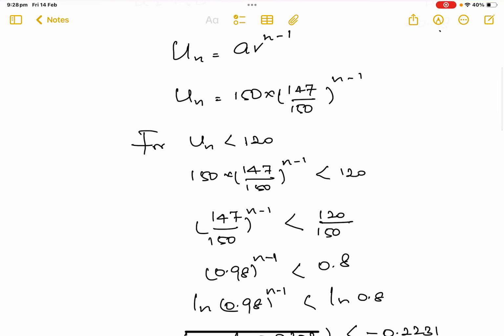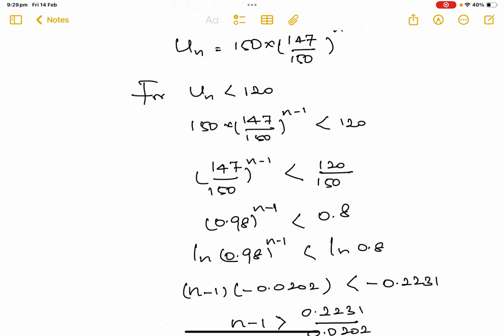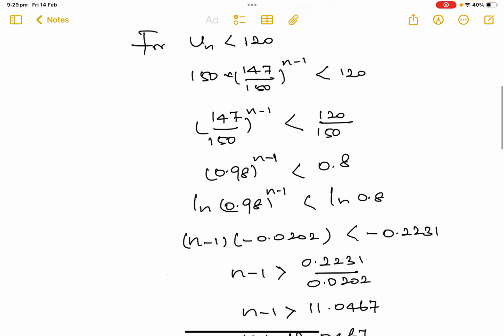And again, what they say is that un, the time taken for a particular marathon, is less than 120. So it's progressing from 150 and improving. To make the half marathon in less than 120 minutes, un is 150 times 147 over 150 to the power n minus 1, that is less than 120 minutes.